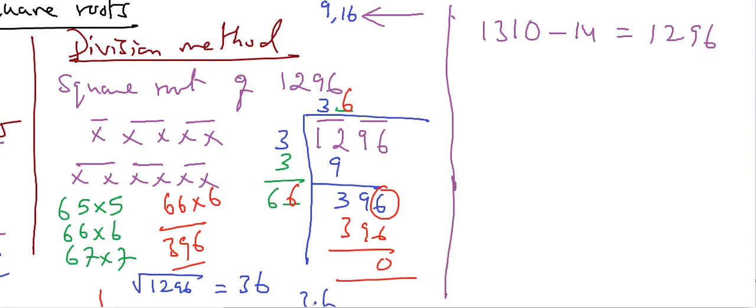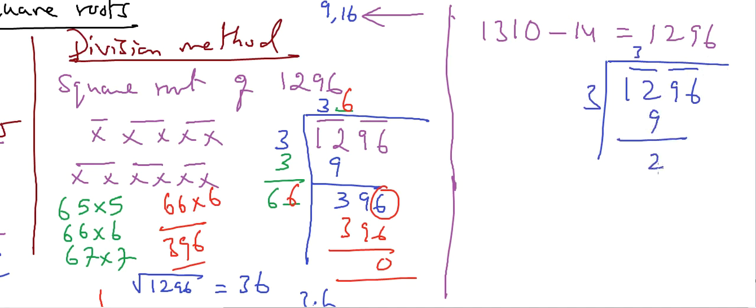We need to use the same division method and try to find the square root. So as usual, from right to left, 2 digits.